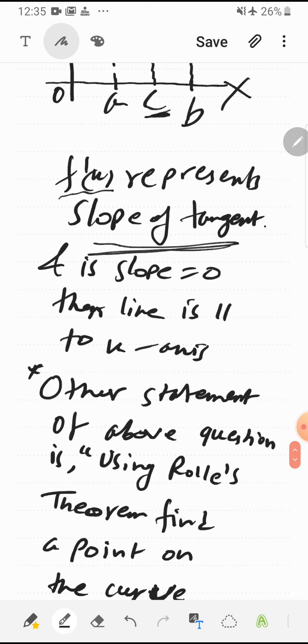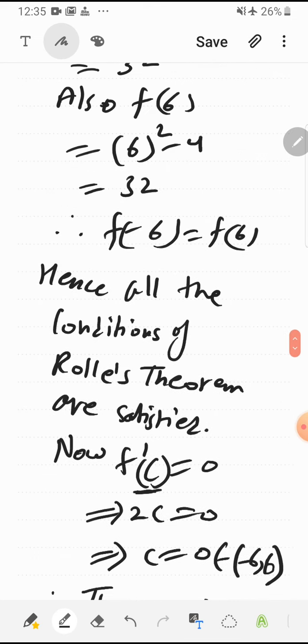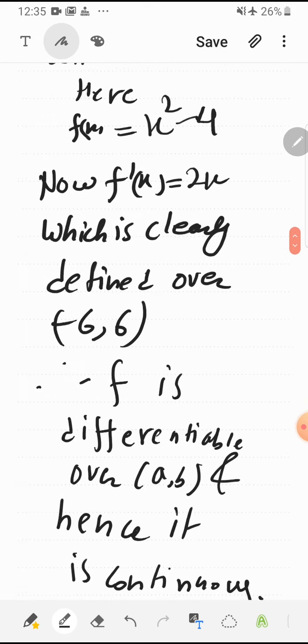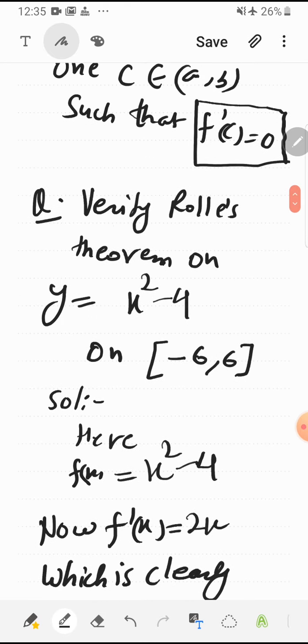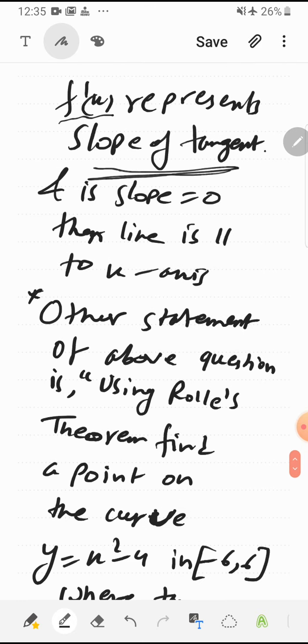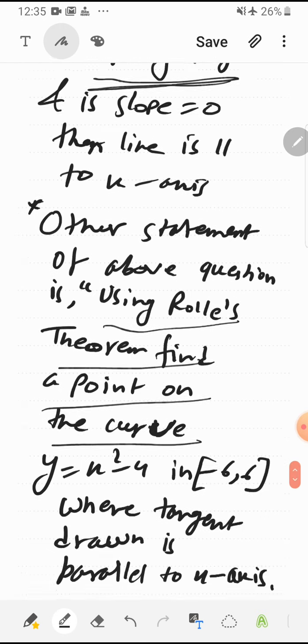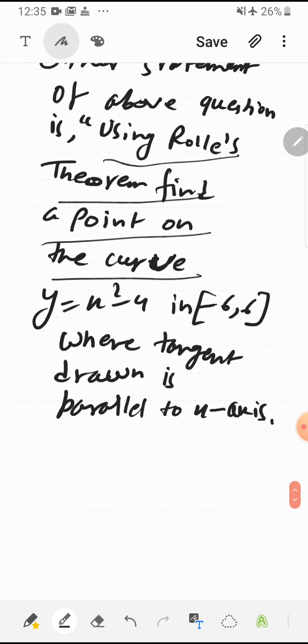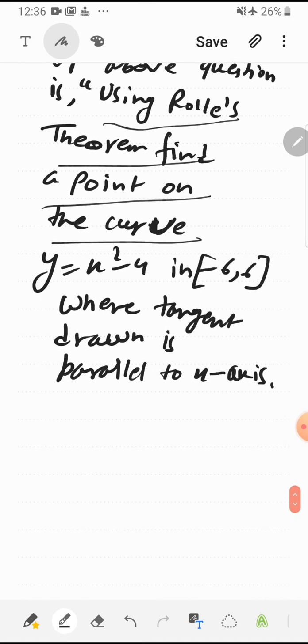That means the question on which we have verified Rolle's theorem, this question can be asked in another statement also: using Rolle's theorem, find a point on the curve x square minus 4 in closed interval minus 6 comma 6 where the tangent drawn is parallel to x axis.